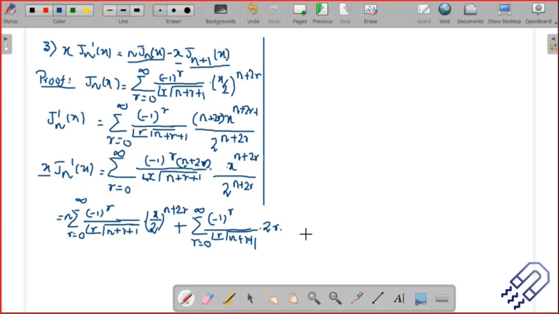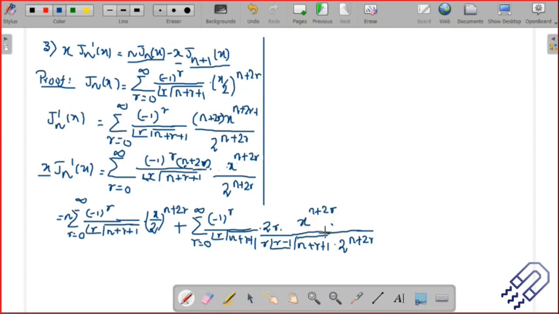And there is a factorial r here, so let me write it as r into factorial (r - 1), instead of this. And then I can write gamma of (n + r + 1). Let me write down, remembering the original expression so that we don't make mistakes there. What is left out here is x to the power n + 2r divided by 2 to the power n + r.